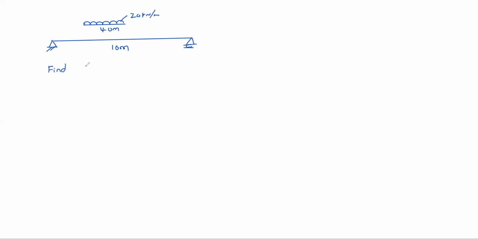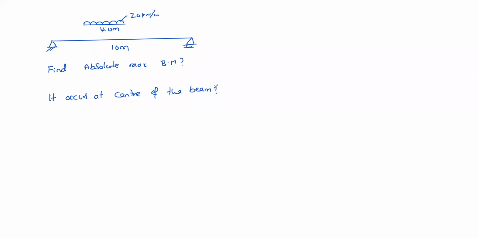Find absolute maximum bending moment. Here for this UDL, it occurs at center of the beam. See, for UDL means at center of the beam. For point loads, not like that.